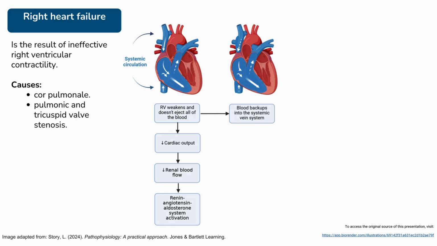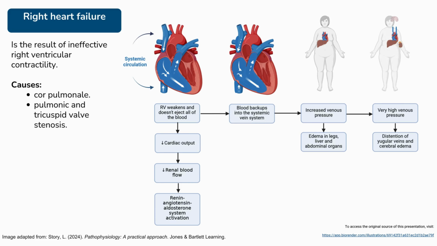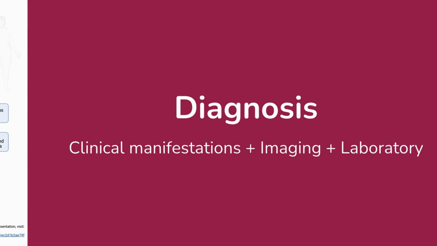This causes an increase in venous pressure, which can show like edema in the legs, liver, and abdominal organs. If the pressure continues to increase, we can also see distension of the jugular veins and even cerebral edema.